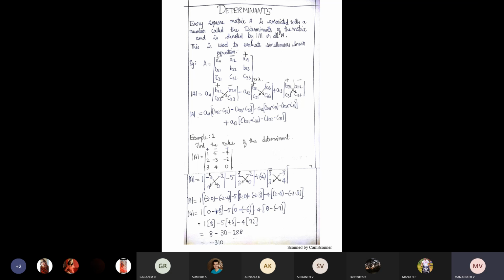B21 is equal to 2. B22 is equal to 3. B23 is equal to 2.